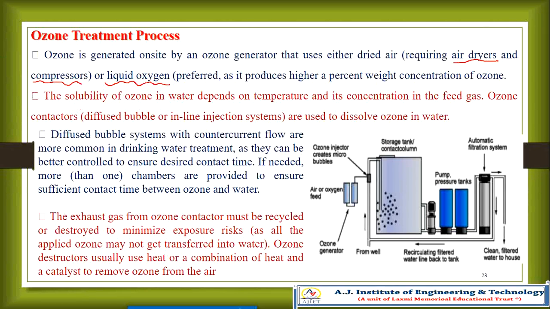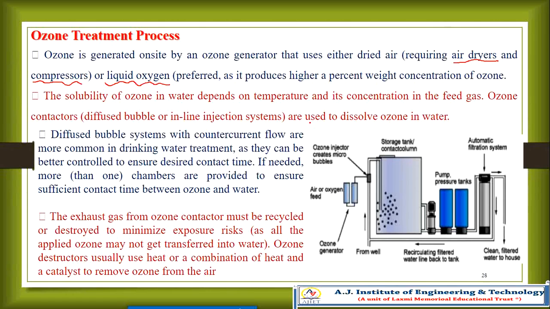The solubility of ozone in water depends on the temperature and its concentration in the feed gas. Ozone contactors, diffused bubble or inline injection systems, are used to dissolve ozone in water.